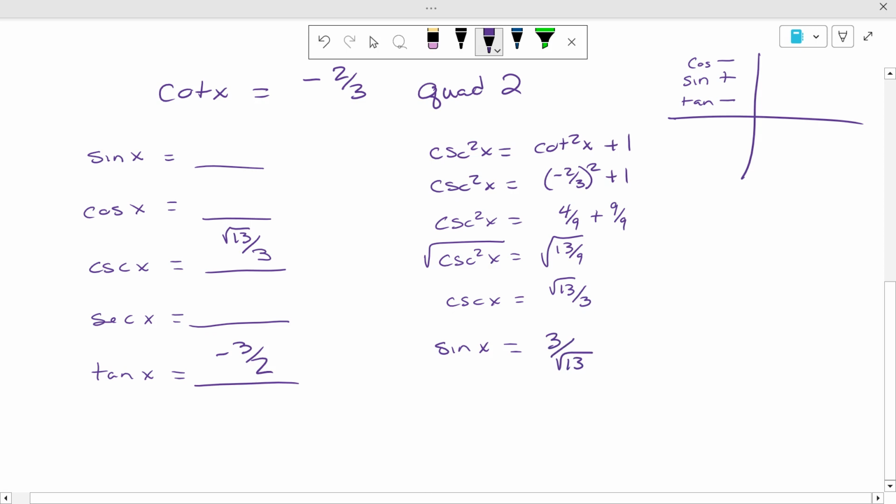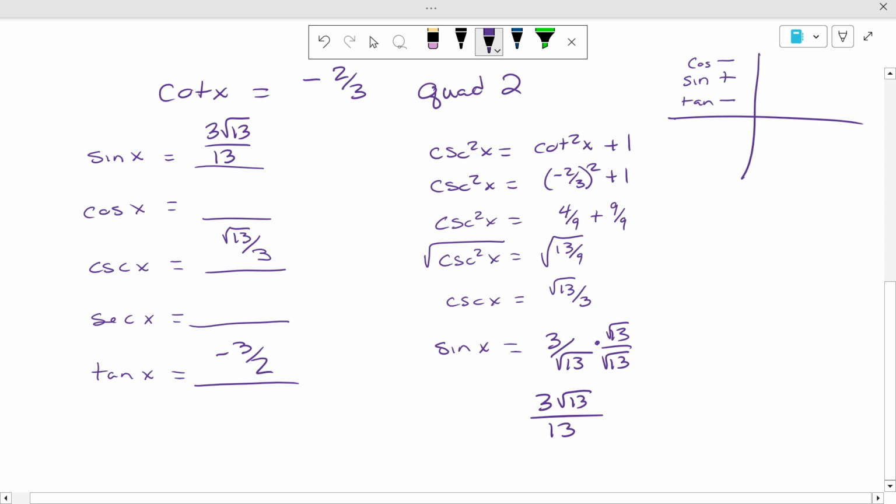Can we leave the square root of 13 on the bottom? No. So you multiply top and bottom by square root of 13. So it's 3 square root of 13 over 13. That's the sine of x. Cosine of x.